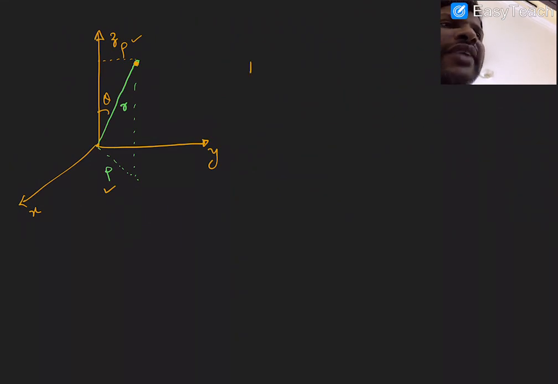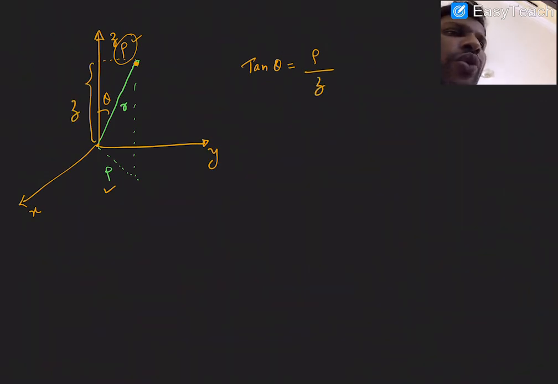So what is tan theta? Tan theta is equal to the opposite side, which is nothing but your rho, by the adjacent side, which is nothing but your value of z. And what is the rho? Rho is the projection on the xy plane.